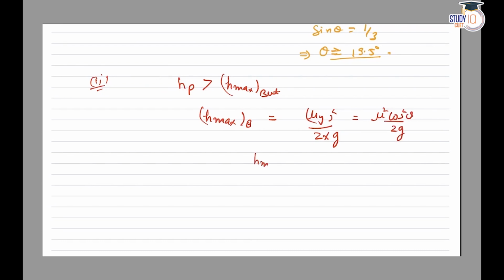So h maximum of the bullet comes out to be u square, that is 600 whole square, into cos square 19.5 upon 2 into g. Let's take the value of g equal to 10. So h maximum is almost equal to 16 kilometer. So to be on the safer side, the height of the plane should be greater than 16 kilometer from the ground.